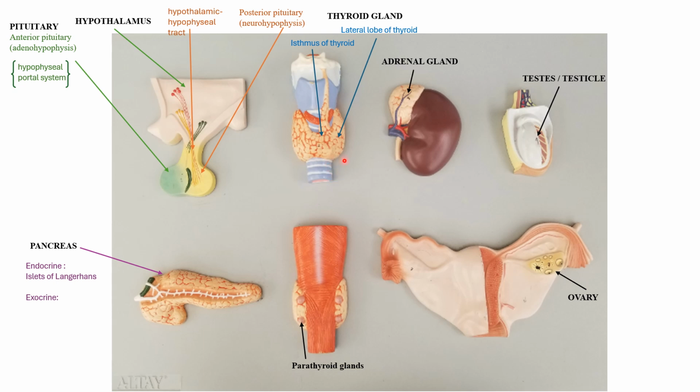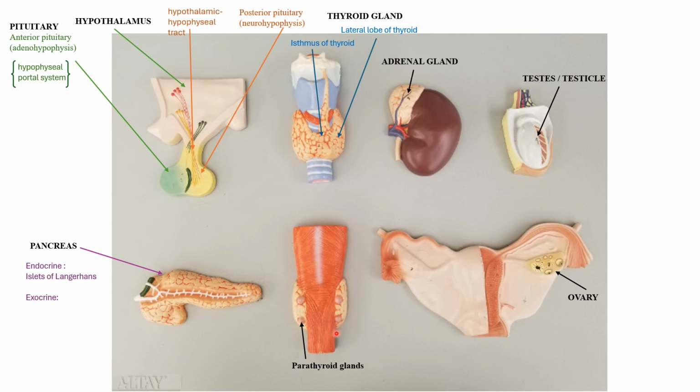Now if we move posteriorly, so this is trachea, where you can see these tracheal cartilage rings. Now on the back side, this is the back side of the thyroid gland, the posterior surface. You can see parathyroid glands. They are embedded in the thyroid gland.